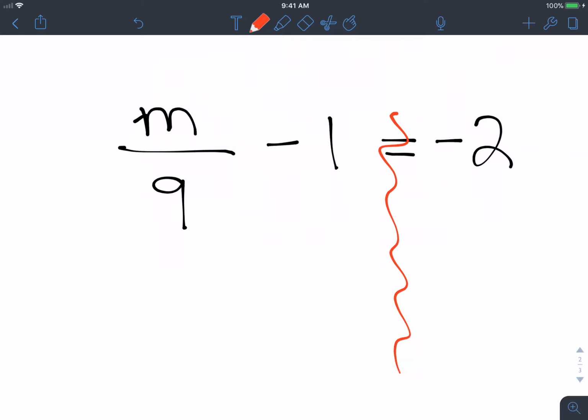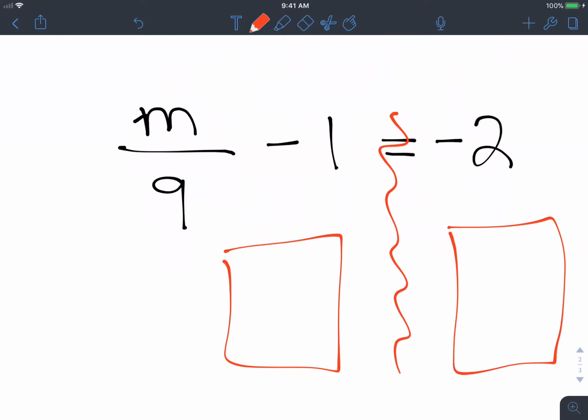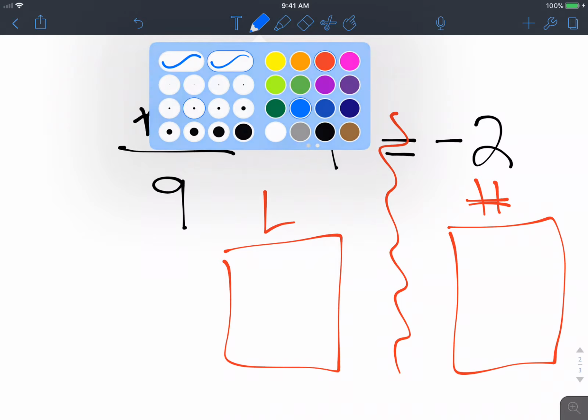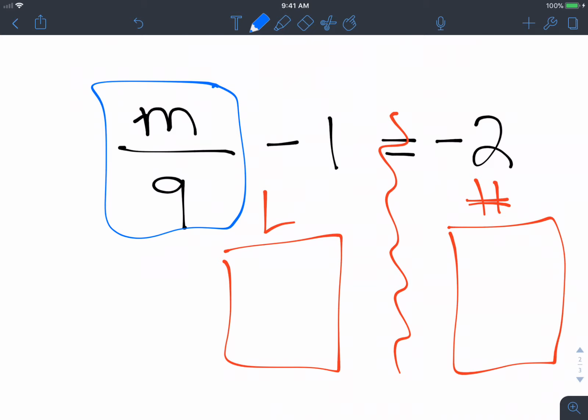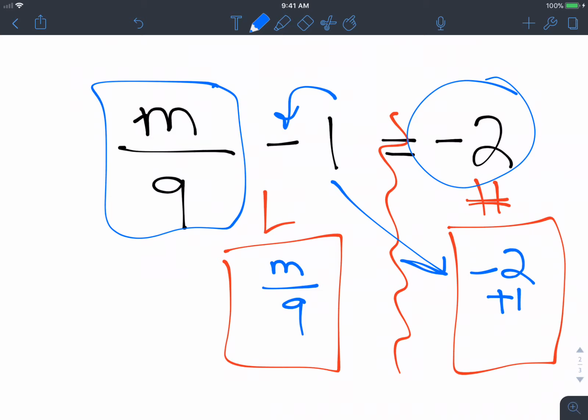So I'm going to put my fence, put my boxes, put my letter, put my number, drop things in. This is on the same side as my letter box, so I'm going to drop this in, drop this in, switch my signs, and it is a negative 1, so it becomes a positive 1. Combine those two numbers together, so negative 2 plus 1 gives me negative 1.